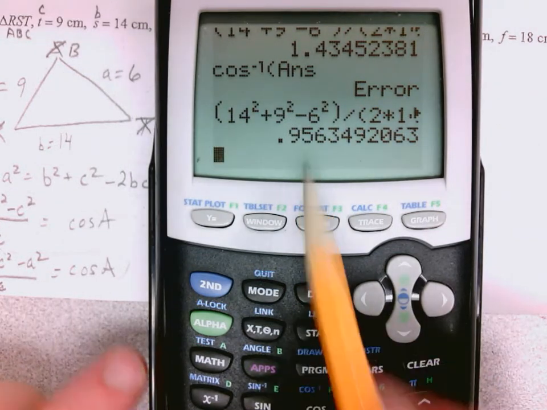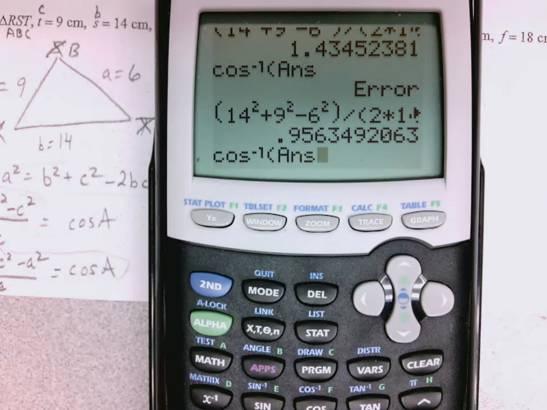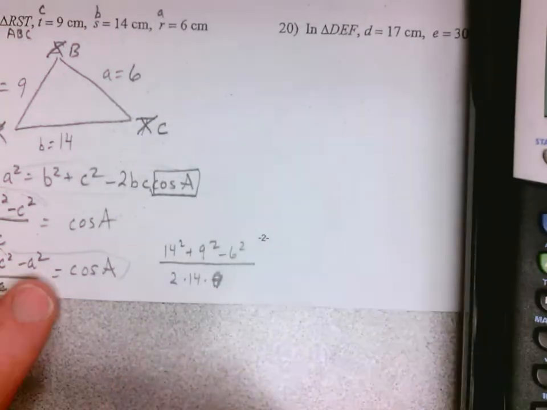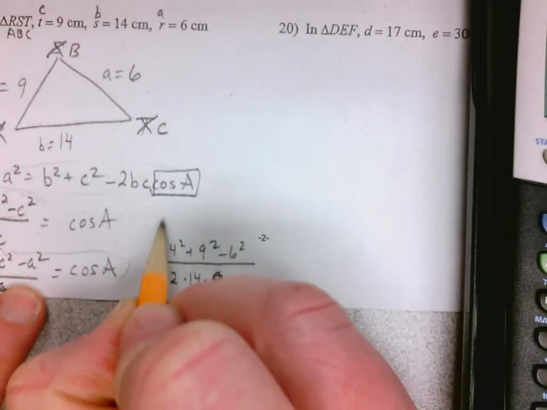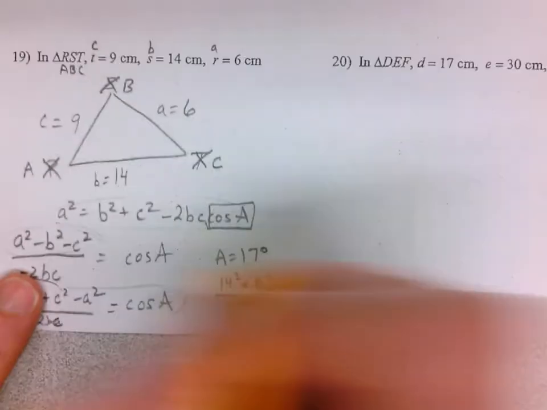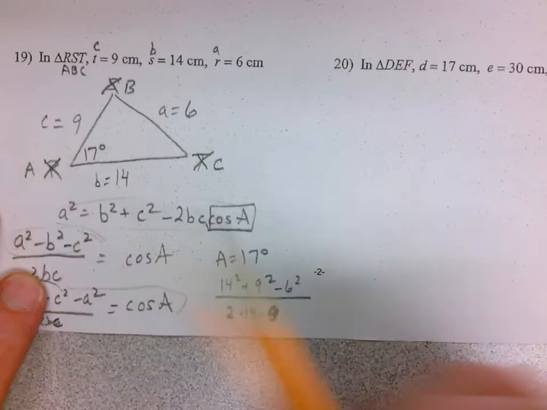Now it's less than 1, so I know at least I can get a value. Second cosine of my answer. So 16.999, whatever, 17. So A equals 17 degrees. Put it on your picture. That's also known as angle R, because you know I changed them.